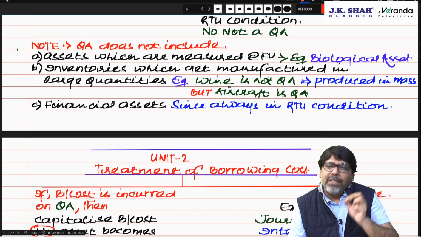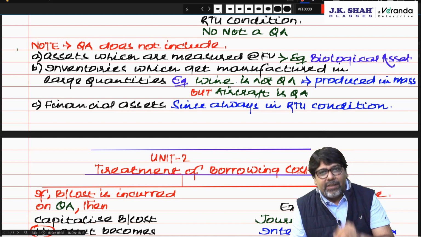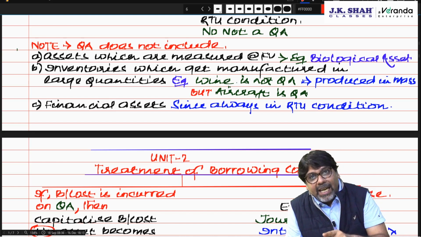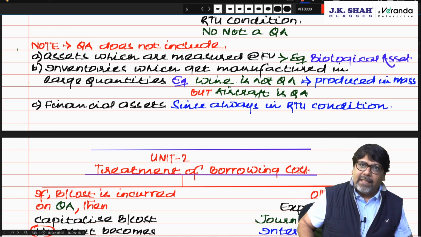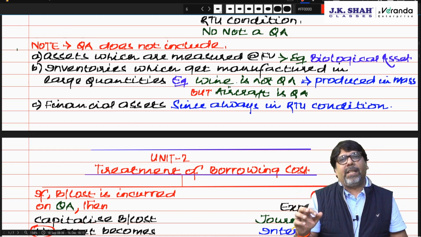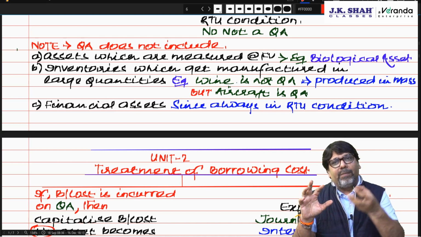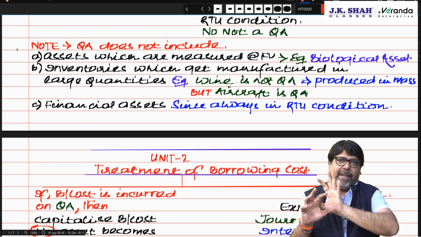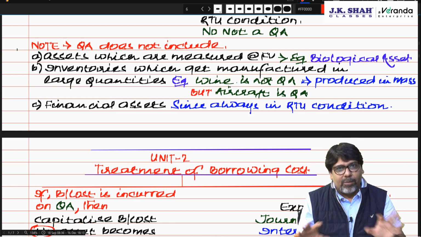Any asset which normally takes substantial period to be in ready to use condition for its intended use or sale, then such asset is treated as qualifying asset. So if the management has decided that the normal substantial period is 12 months, any asset that takes more than 12 months is a qualifying asset. Any asset which takes normally less than 12 months is not a qualifying asset.